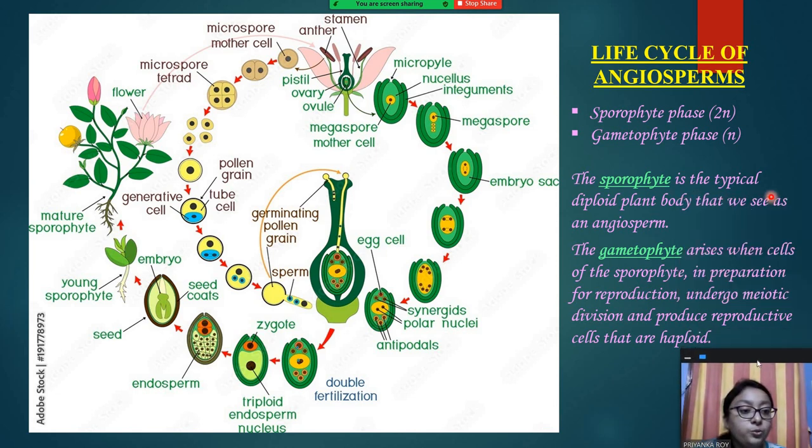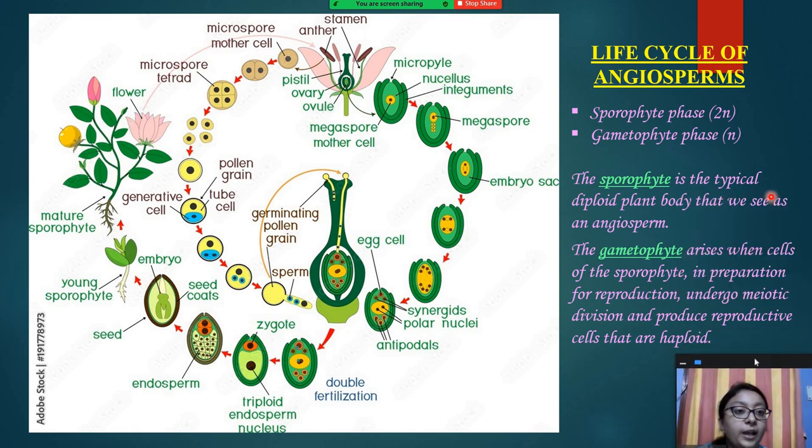Next, if we look into the life cycle of angiosperms, we will find that there are two important phases: the sporophyte phase, which is the diploid phase, and the gametophyte phase, which is the haploid one. If we start with the mature flower, this flower obviously has the male reproductive unit as well as the female reproductive unit.